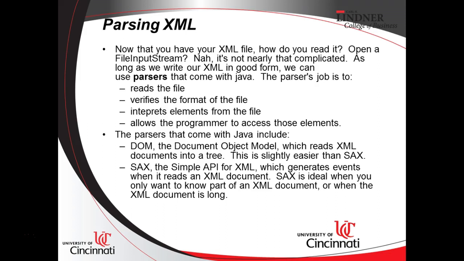A handler is something that listens for these events and decides, is this an event I'm interested in, or is this an event I wish to discard? So, DOM reads everything into memory at once. SAX simply parses through the document and fires off events every time it sees an element or an attribute, and then we can decide if we want to handle that event or not.